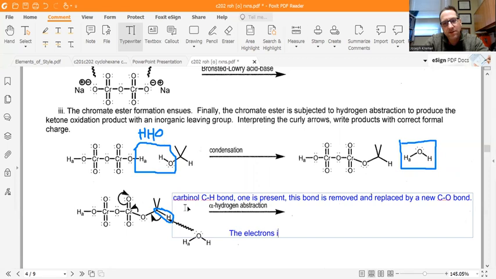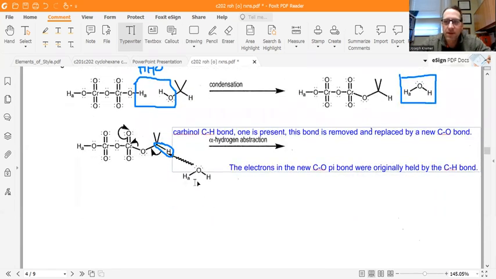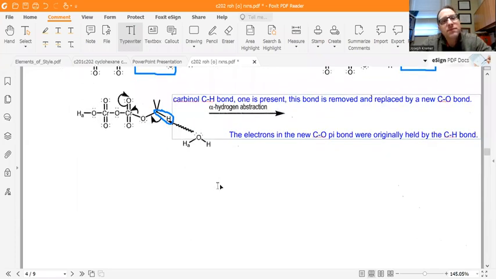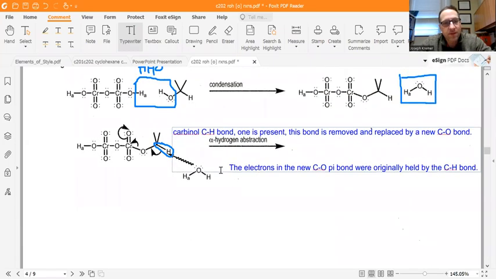The electrons in the new carbon oxygen pi bond were originally held by the carbon hydrogen bond. That's where the electrons originated from. Please make a note of it. And that would yield the answer up above.